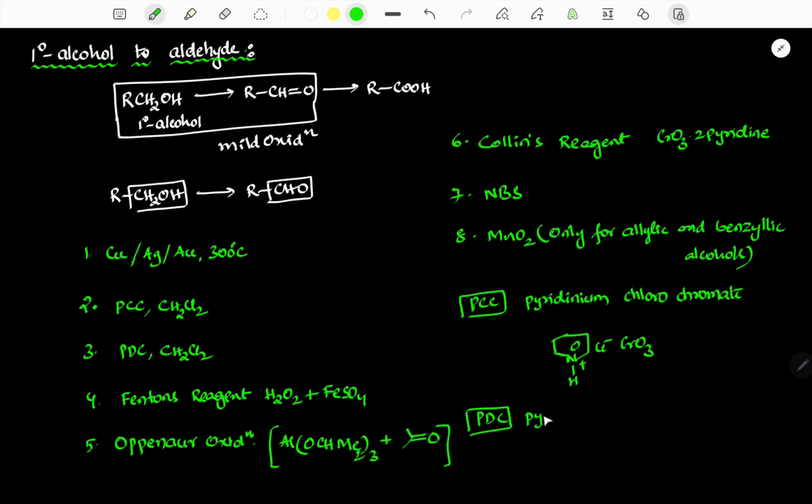Full form is pyridinium dichromate. Like potassium dichromate, here we write pyridinium dichromate. It is a pyridinium and a dichromate, Cr2O7.